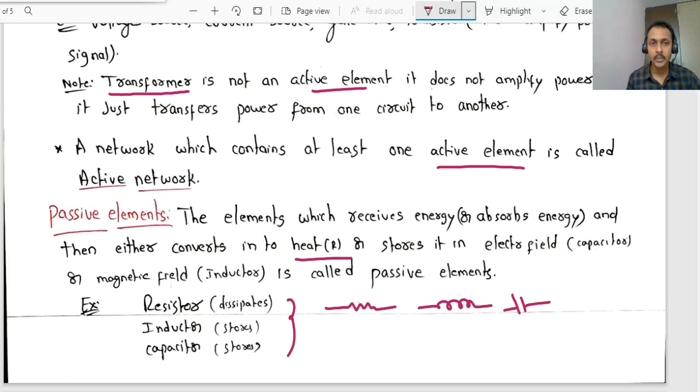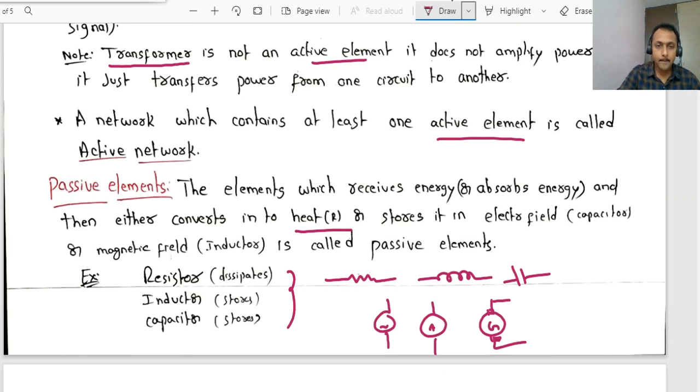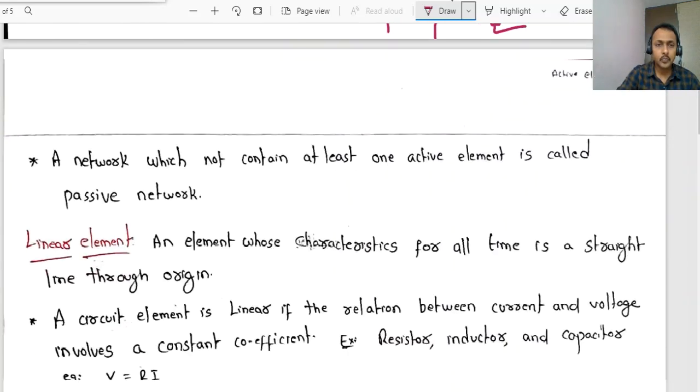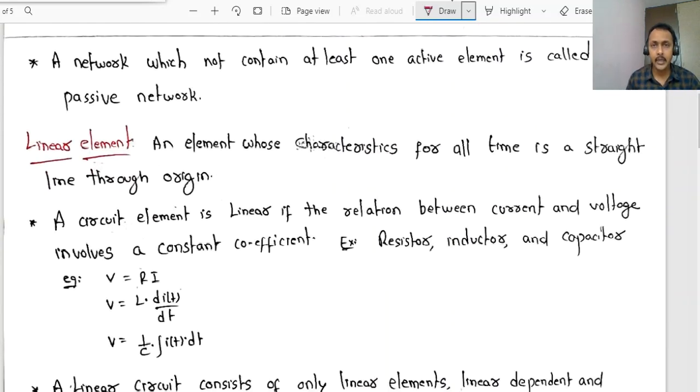Examples for active elements are a voltage source or a current source or some generators, like this, right?